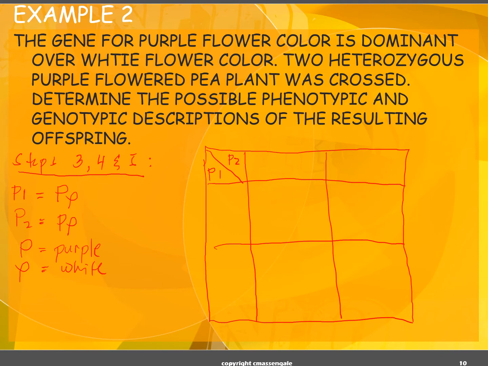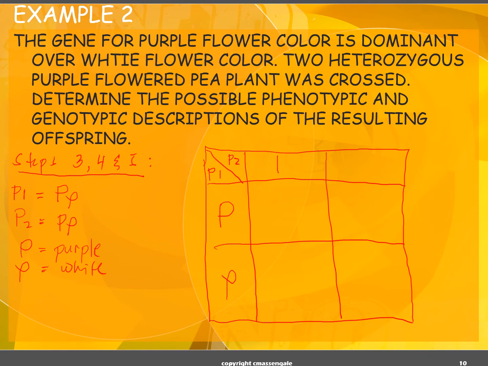Let's plot. So parent number 1, so this is the genotype of parent number 1. We just need to write it down here, dito. So let's have here capital P and small letter p. Okay, and then genotype of parent number 2, this one, capital P, small p also. We will write it down here. So let's do it.